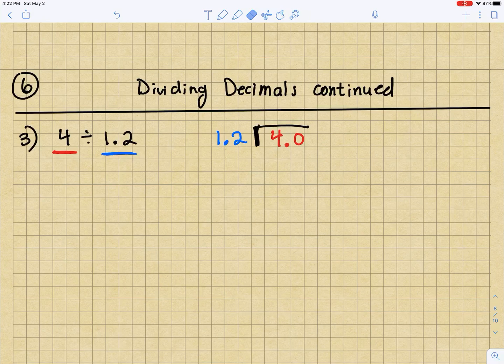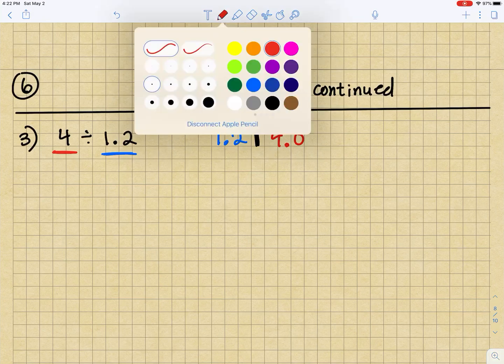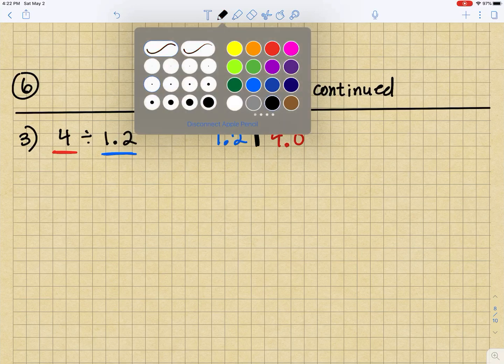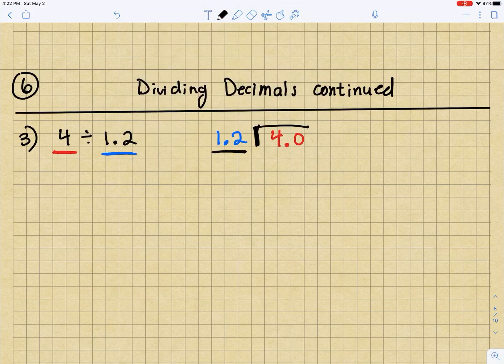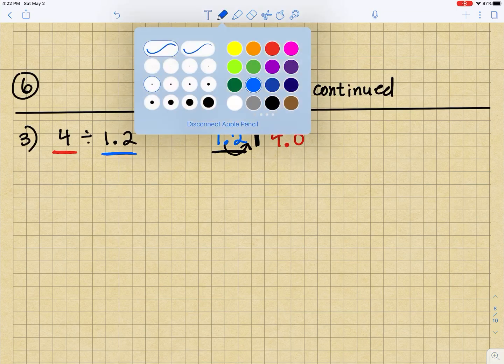All right, so do you remember our goal? What's our first step here? Yes, we have to change the divisor into a whole number. How many times am I going to move my decimal to make this a whole number? Hopefully you said, I need to move my decimal once to the right. So I multiply this by 10. 1 2/10 times 10 gives me 12.